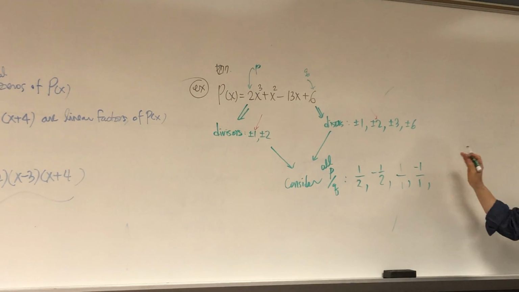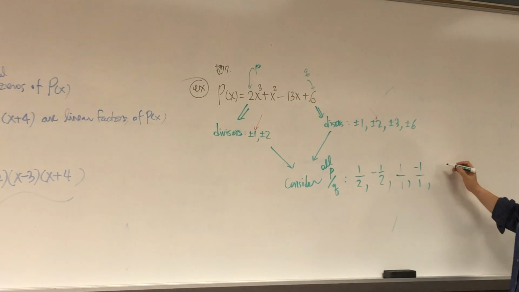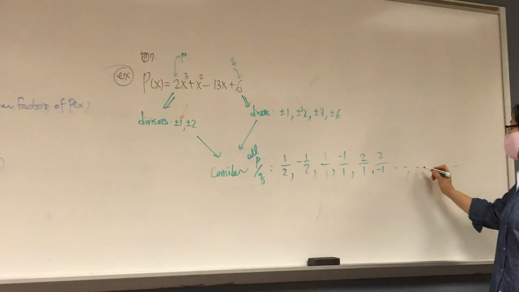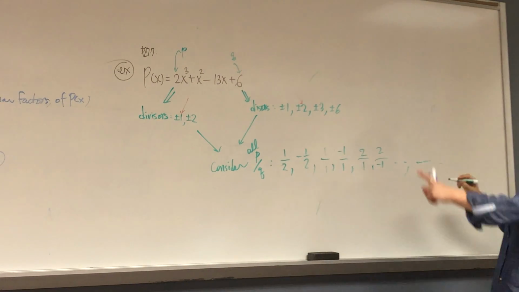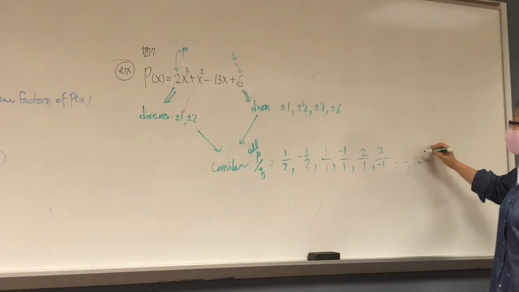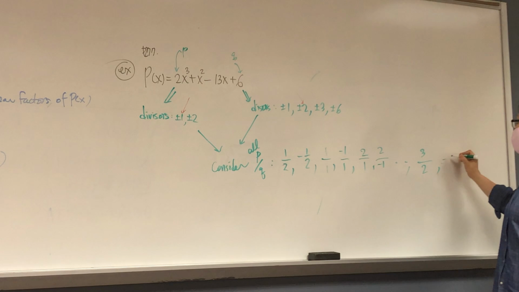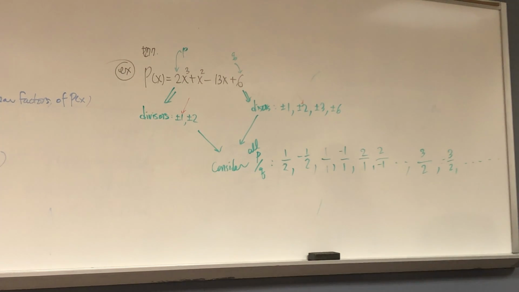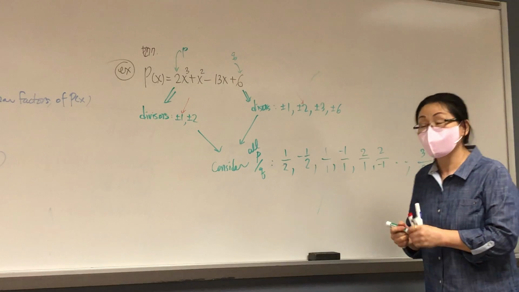Keep going with everything, like 2 over 1, 2 over negative 1, and so on. Like 3 over 2, minus 3 over 2, and so on. You see? That's the reason I don't want to go through it. With this kind of crazy test, what do you obtain?